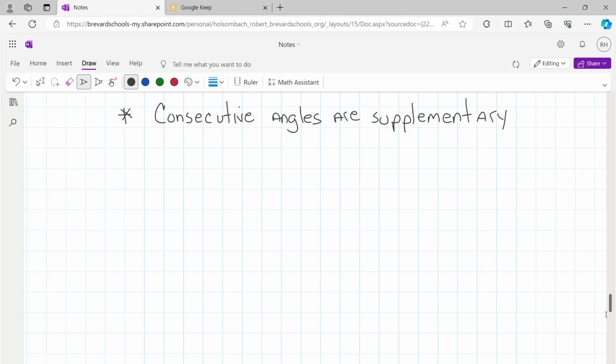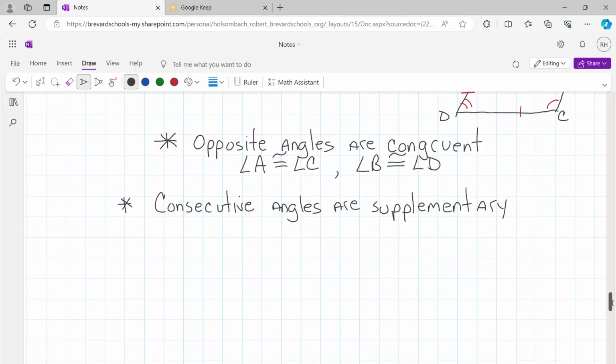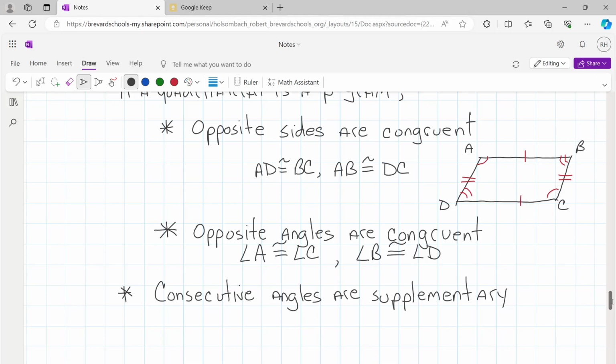So looking at that shape that I just kind of reduced, if you start with any angle in this shape, and then you go clockwise to the next angle or counterclockwise to the next angle, the adjacent angle is consecutive.